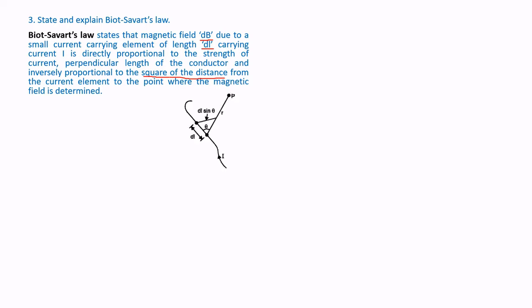Please see the figure. In this figure, dl is a small elemental length carrying a current I. Current I is flowing upwards in this direction through this wire. For analysis purposes, we are considering a small length of the conductor dl, and our observation point P is located at a distance r from this length of the conductor, which is inclined at an angle theta.